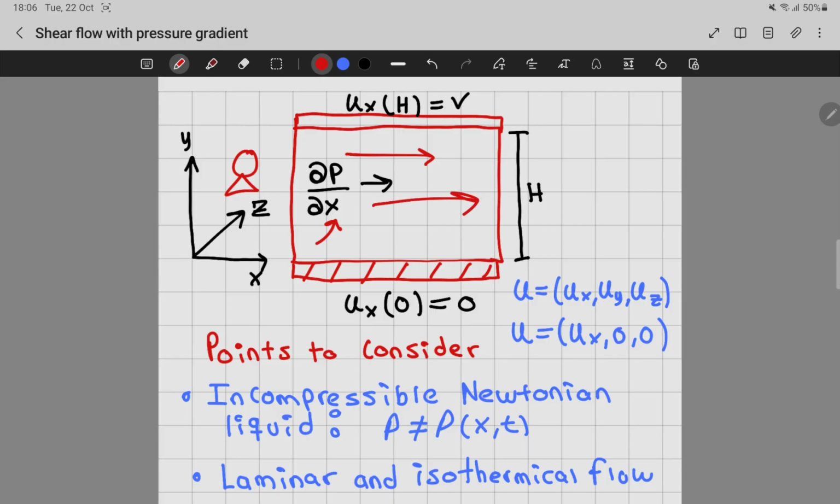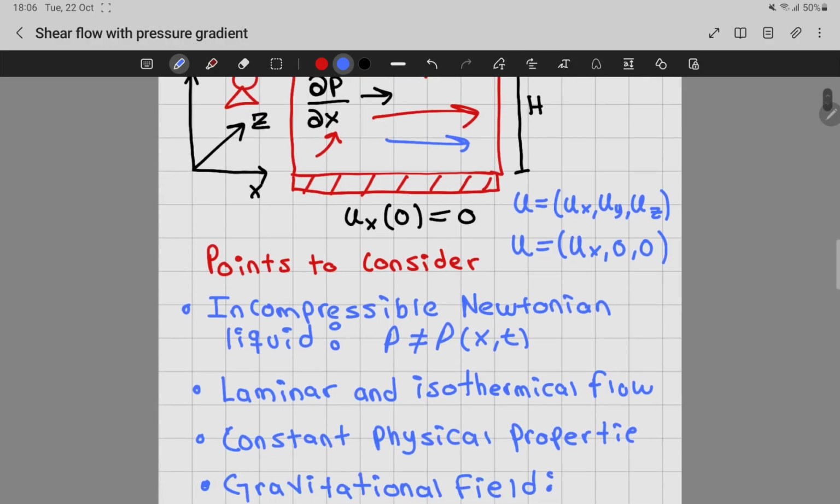So we have two sources of movement. We have the velocity that the top plate is inducing over the fluid that is contained here, and then we have a force that is being applied to the whole bulk of fluid that will make the fluid flow in x direction.